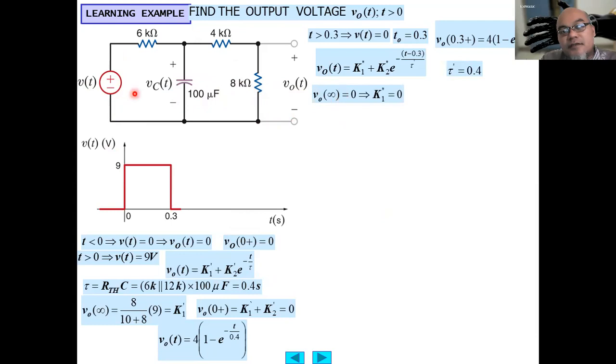Vt is 0, so this is a short circuit, open circuit. So then the V output across here will be 0 volt. So K1 double dash is 0. So from here we obtain K2 double dash equals this initial value minus 0.